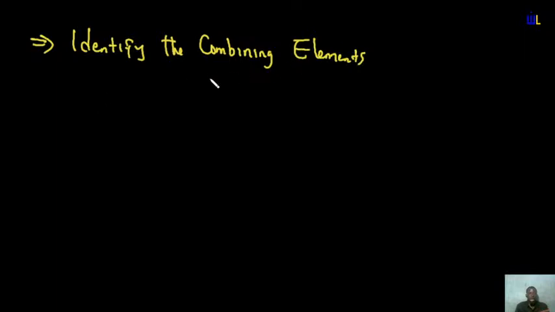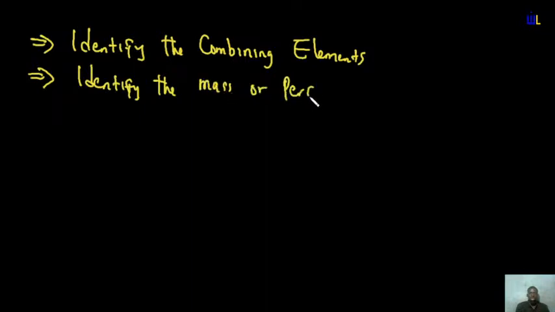I'm just going to outline them, then we take 1 or 2 questions, and then we continue with the study. As I said, let's put this down. It's important to write it. The first thing you need to do is to identify the combining elements. After you finish identifying the combining elements, you identify the mass or percentage compositions of the combining elements.